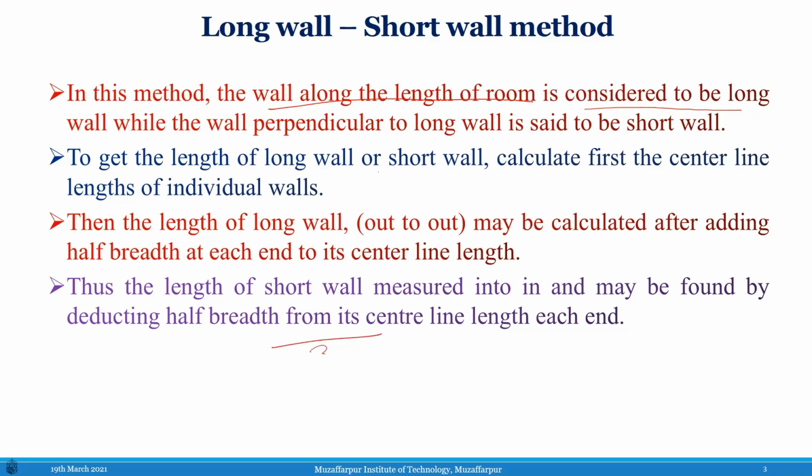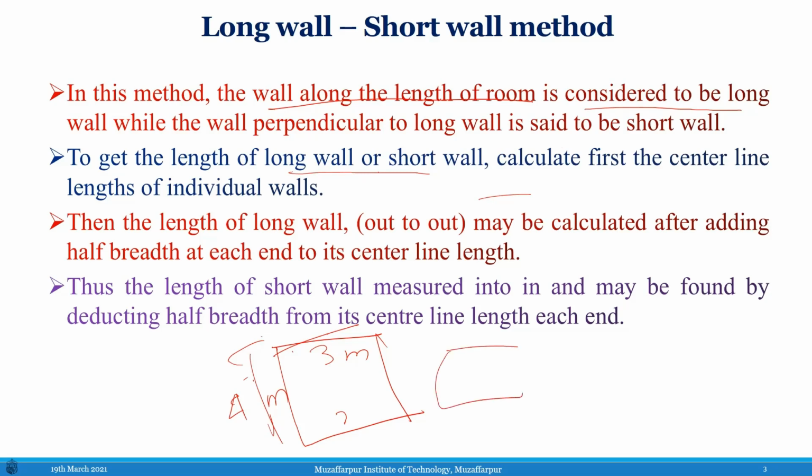Let's say you have a room of 3 meter by 4 meter, then your long wall will be this 4 meter, and the short wall will be the 3 meter, which is perpendicular to that 4 meter. To get the length of the long wall or short wall, you first need to calculate the center to center distance of the particular item.